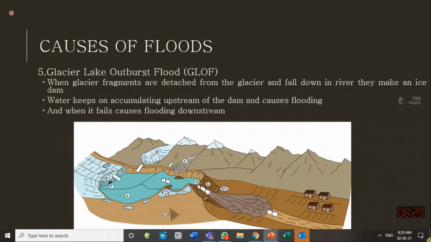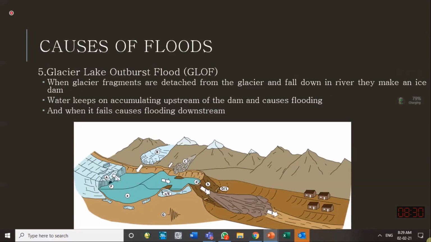Another possibility is a glacier from the side. It moves down and blocks the path of the other channel. For example, if this glacier B or this glacier C melts down, or the glacier's tail, which usually moves downstream, comes and blocks the path of the other river, a lake will be created on the upstream side.